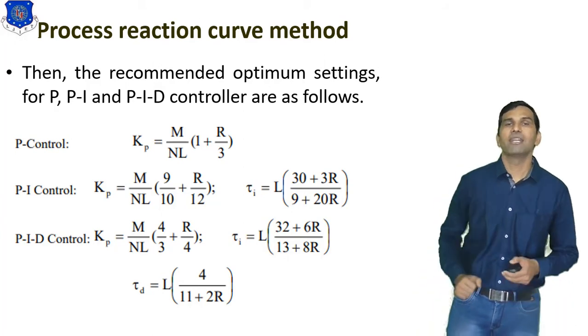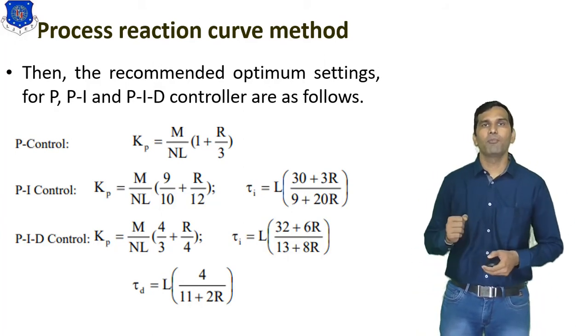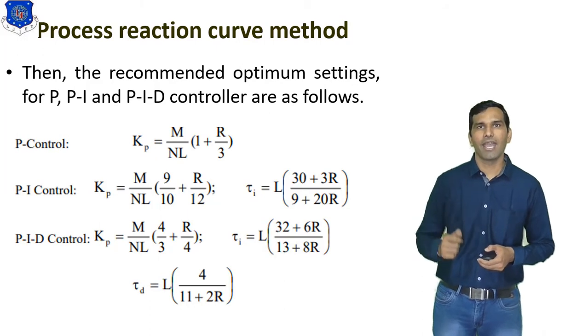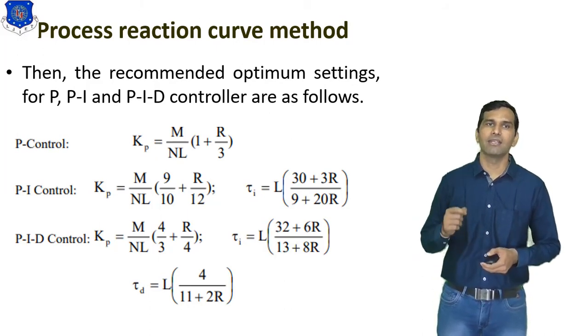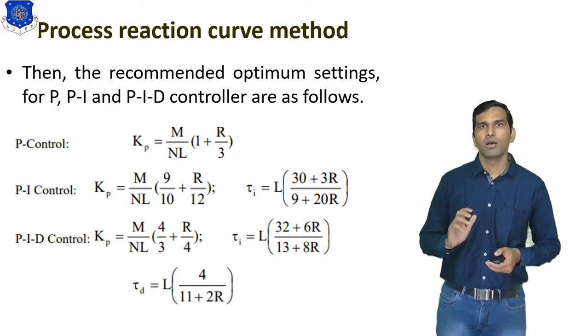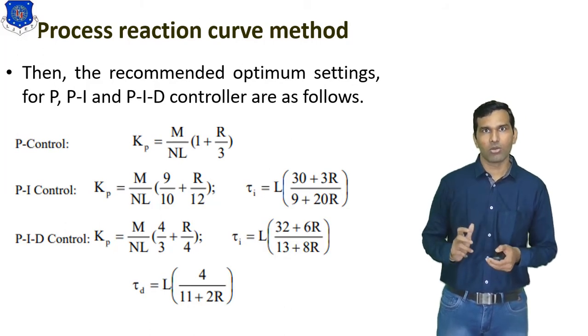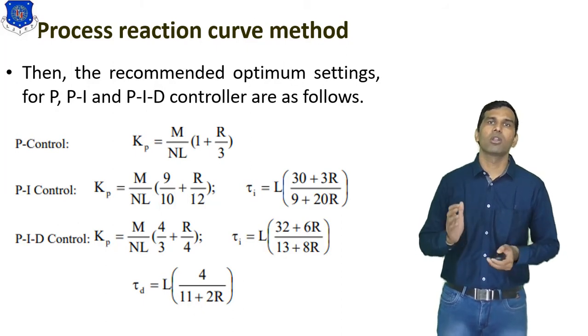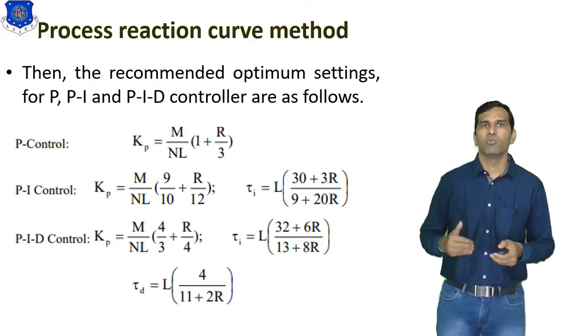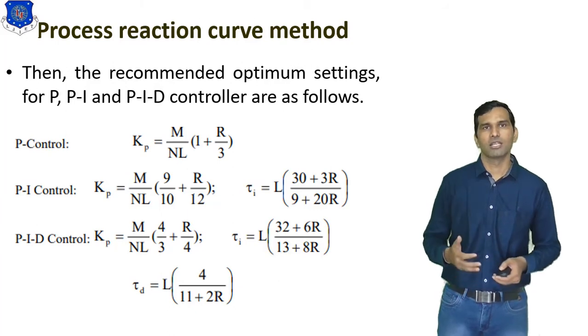So here we finally get the values of Kp, Kd and Ki, or in other words Kp, Ti and Td, for the different controllers. That means for the P controller, PI controller or PID controller, we can get them by using these equations.